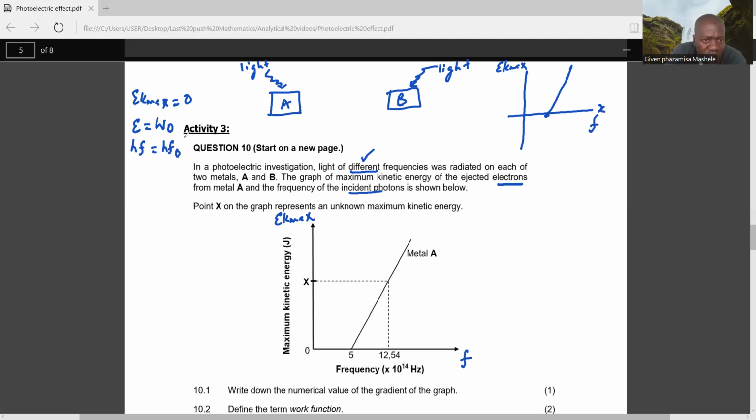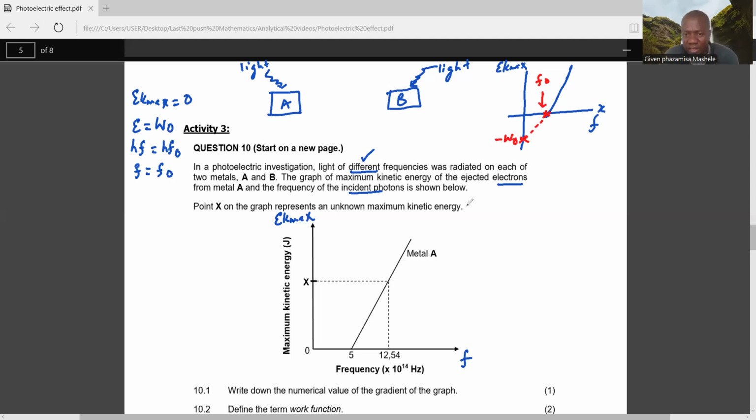If we divide both by Planck's constant, it means f equals this. So this is the point where the frequency of light is the same as the cutoff frequency. This is where we have the f naught. And if we extend this until it touches the y-axis, it will be the work function, but negative.